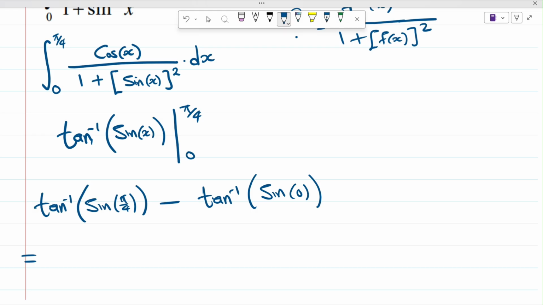You press shift, then tan, and you'll see that it will be tan inverse. Then you punch everything. Make sure that, again, it's in radians. Minus shift tan inverse of sine 0. You should get something like 0.615. Then tada, that's your final answer.